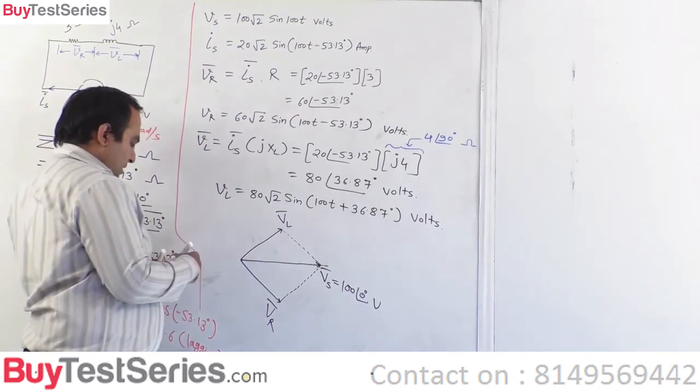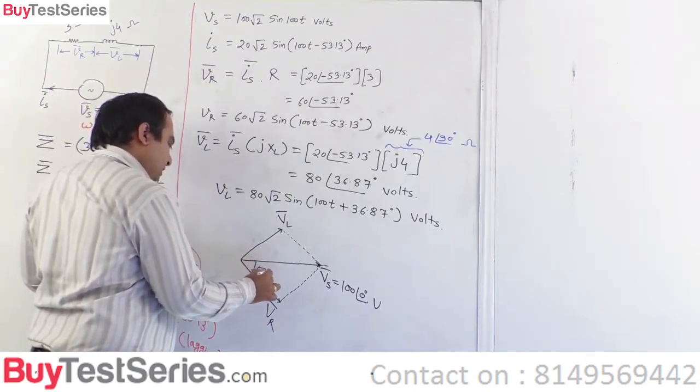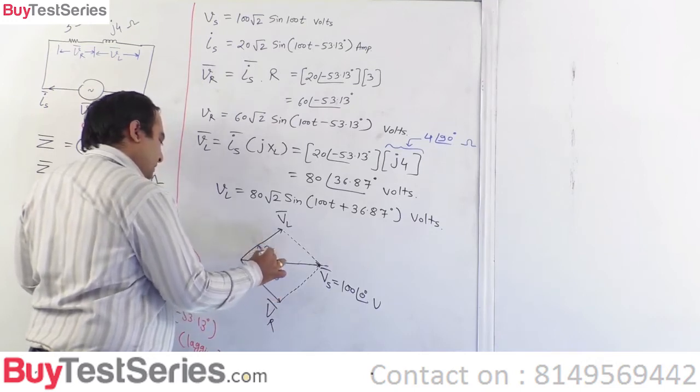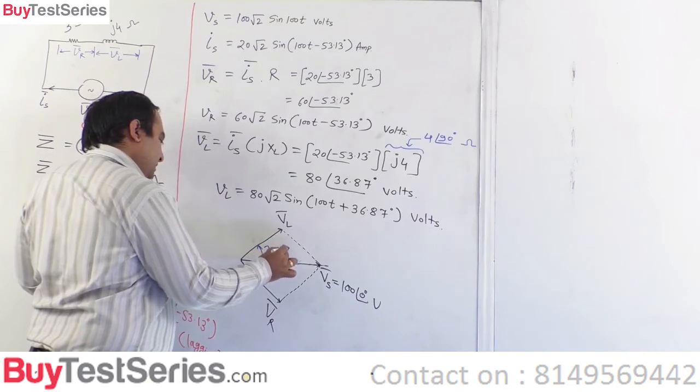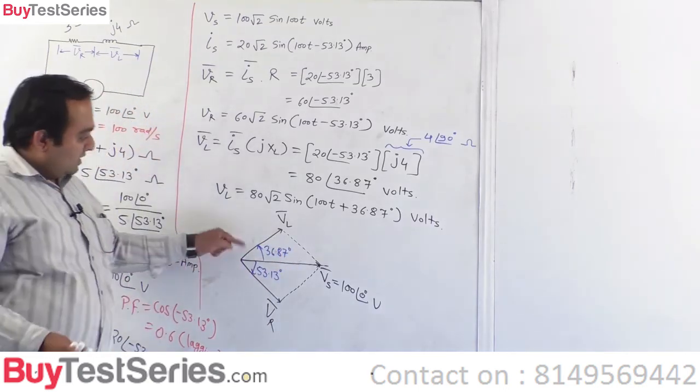This angle is minus 53.13 degrees. This angle is 36.87 degrees, and you can clearly observe this entire angle is 90 degrees.